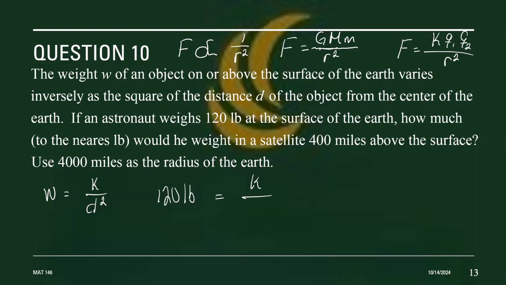We're also ignoring altitude, because obviously this would also depend on his altitude. 4,000 miles is the radius at sea level. We're going to assume that the surface of the Earth is completely flat. It doesn't have any altitude to it.